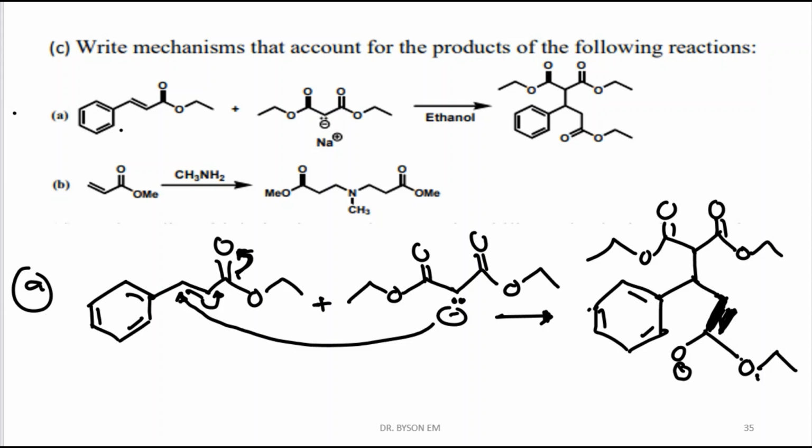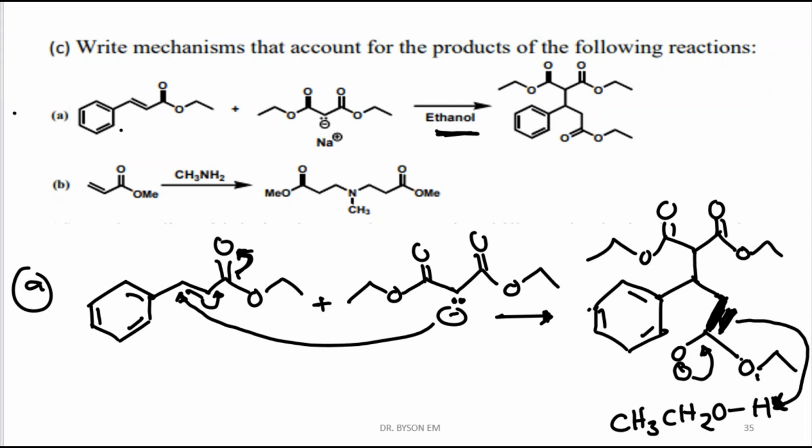So what will happen is that since there is ethanol in this solution, this ethanol here, which has an H, this negative charge will go back and reform the double bond, and then this double bond will come and get the H here from ethanol.